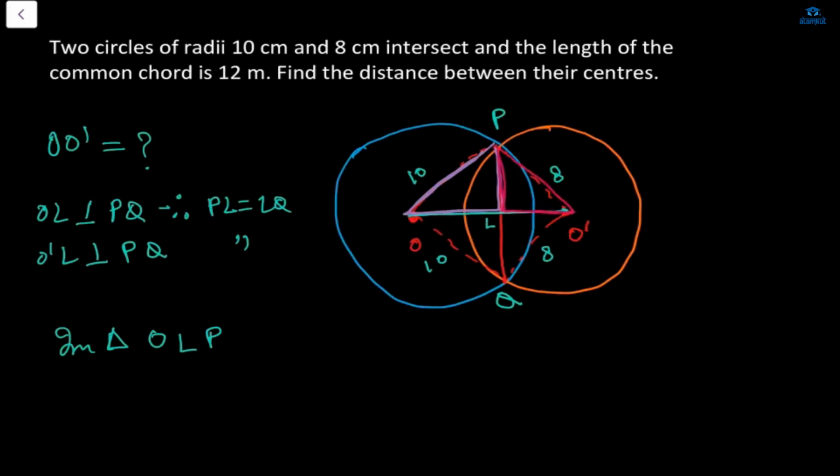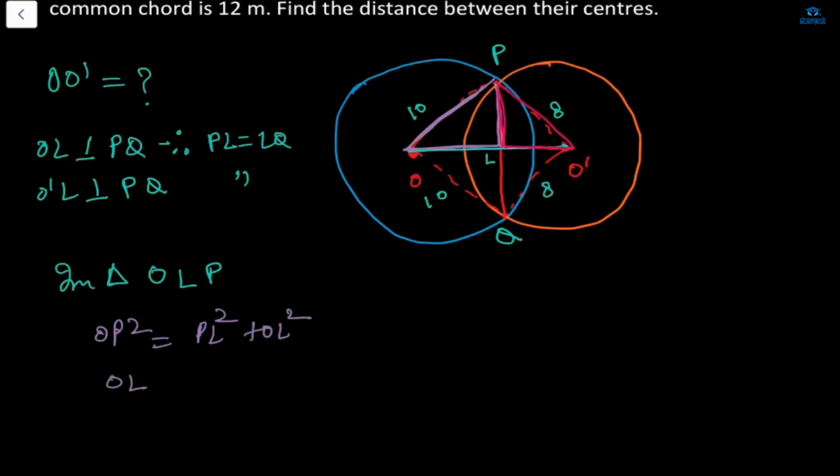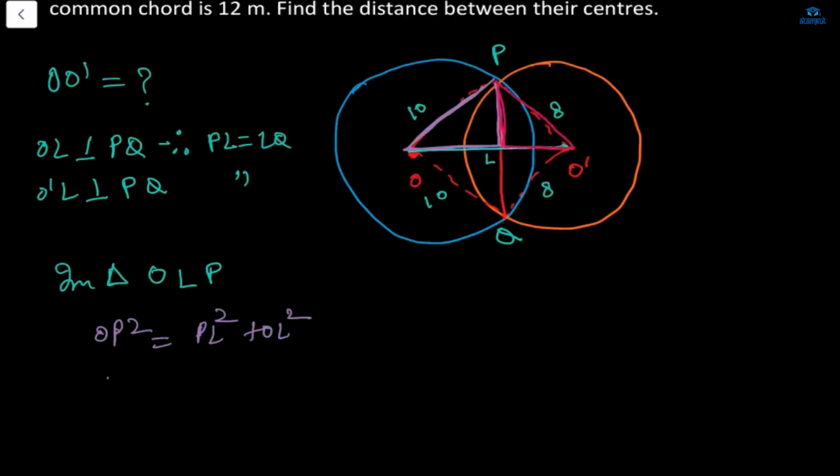For OLP, OP square is equal to PL square plus OL square, and we need to find OL. Then OL plus LO dash will give you OO dash.